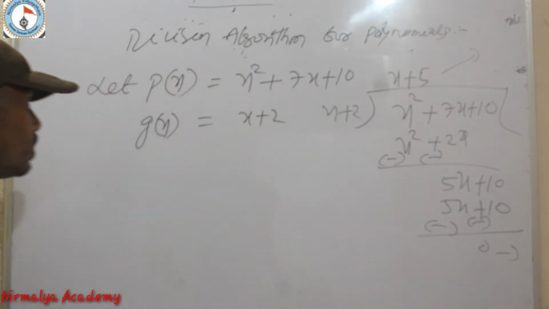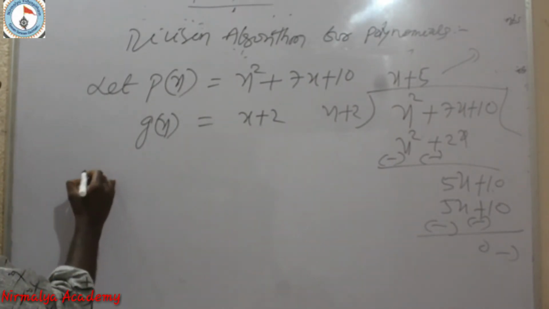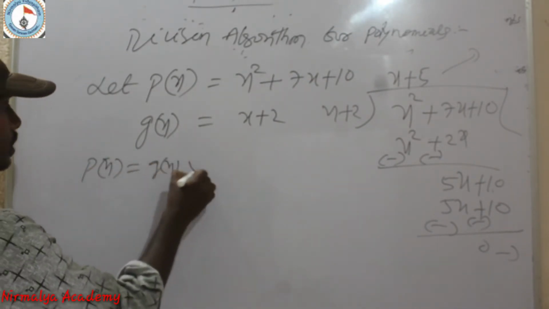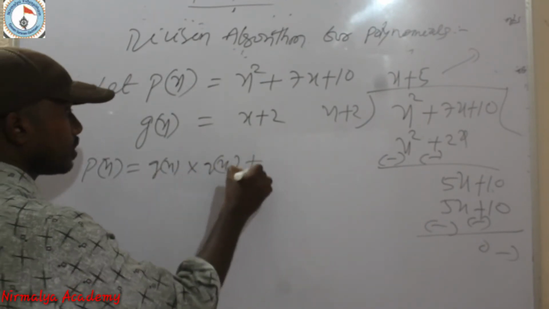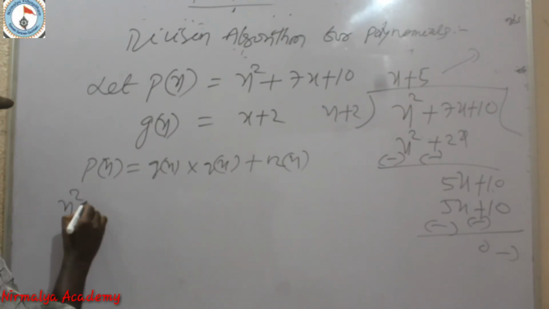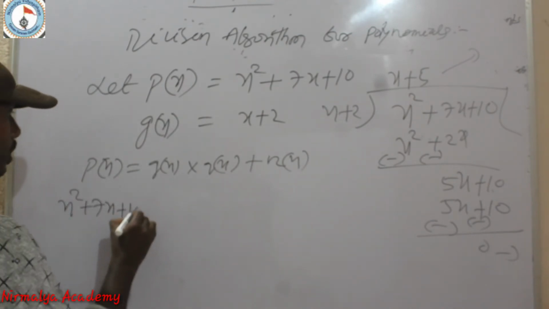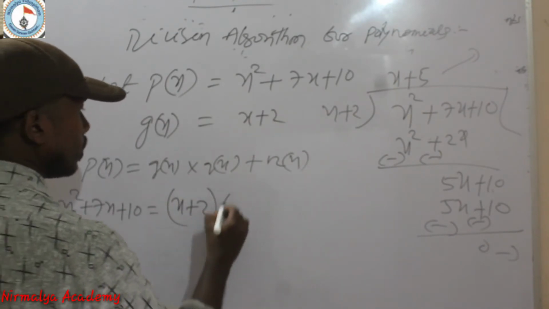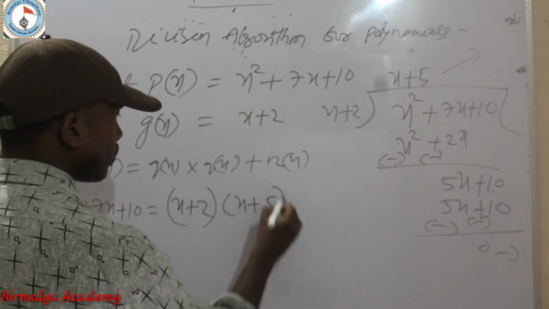In this case, r(x) is 0. So we can write p(x) equals g(x) into q(x) plus r(x), that is x square plus 7x plus 10 equals x plus 2 into x plus 5 plus 0.